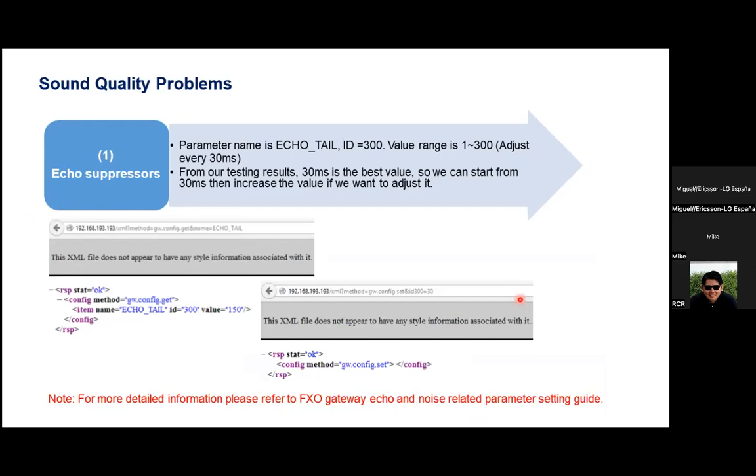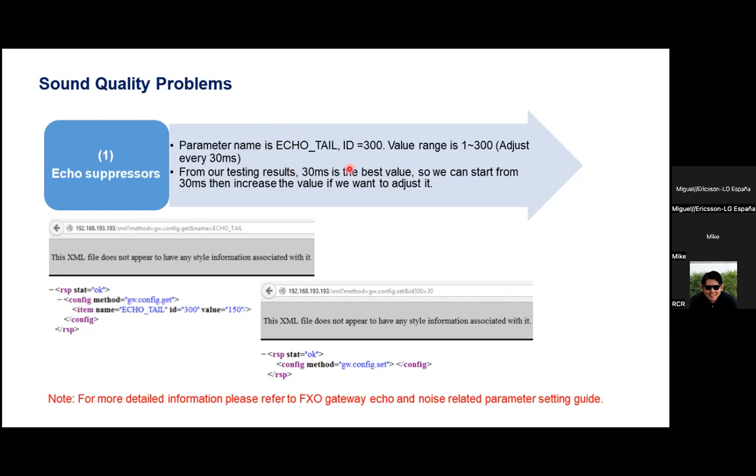In the event that you already have very good grounding, you have no interference, there are no other devices that can interfere, and you have lowered the gain level and set the impedance, and there is still some echo, there is also a parameter in our device that you can set: the echo tail.